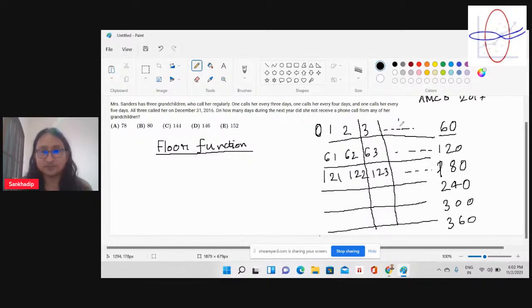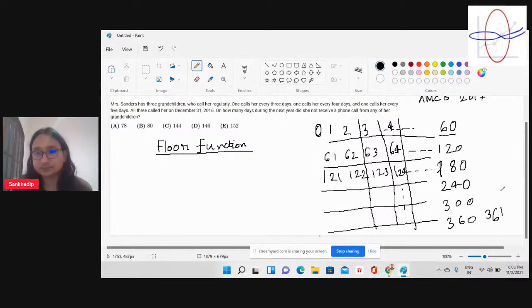Next column is for the second child. So the point I'm trying to make is that if we solve the problem for the first column, then we just reproduce it for all the other columns. And of course, there are some extra days that we have to take into account as well.